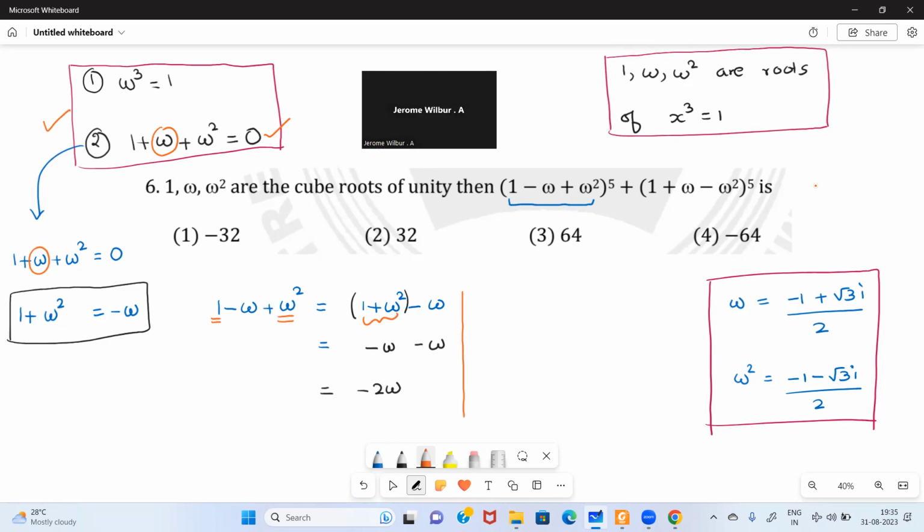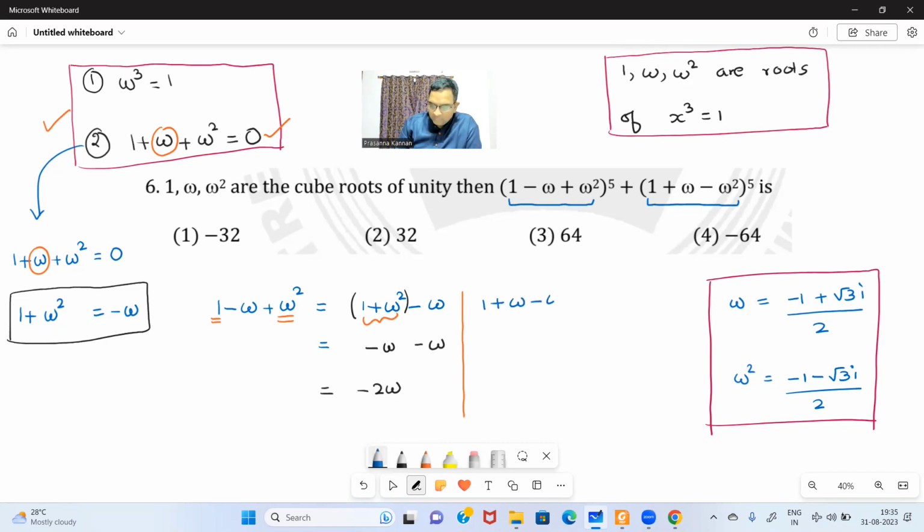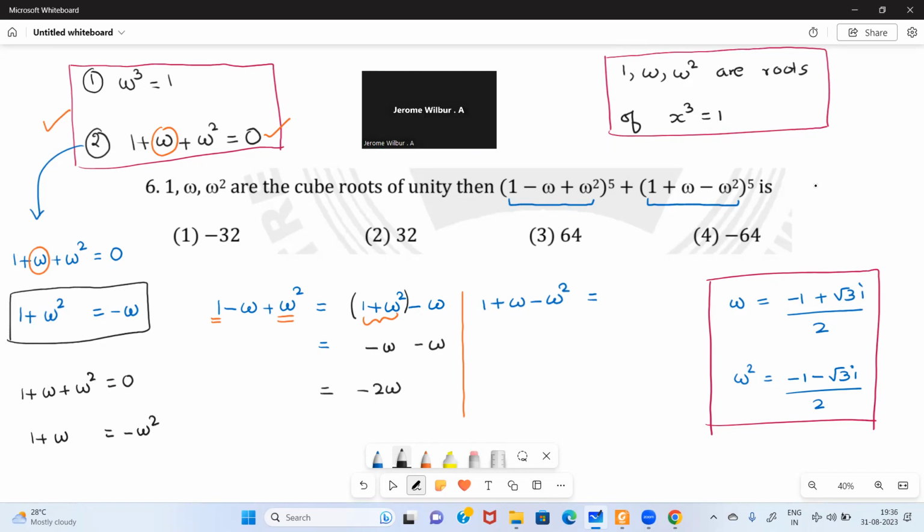Yes, sir. Now let's look into the other one. What is the other one? 1 plus omega minus omega square. Now, same equation. I'm retaining 1 plus omega here. Taking omega square to the other side, what would I get? Minus omega square. Exactly.